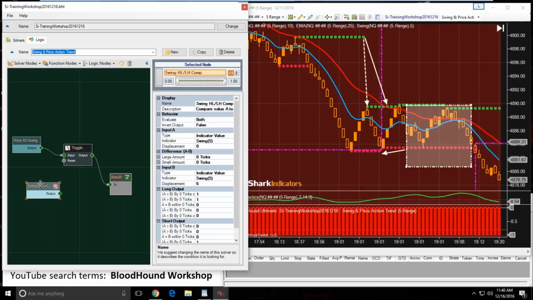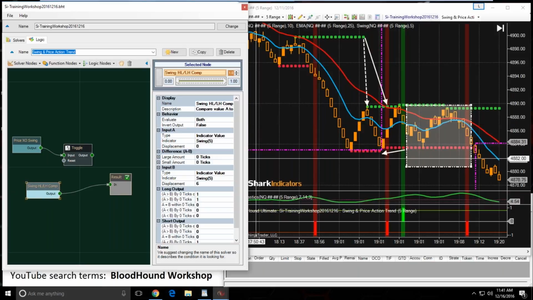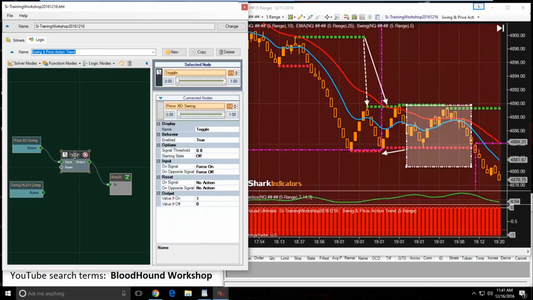So basically this solver here is identifying when a consolidation state has started. So, all right, let's plug in the toggle node.